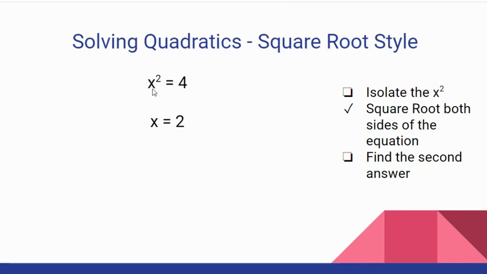The square root of x squared is x, and the square root of 4 is 2, because 2 times 2 equals 4. But don't forget the second solution, because most quadratics have two solutions. Negative 2 is also a solution because -2 times -2 is +4.